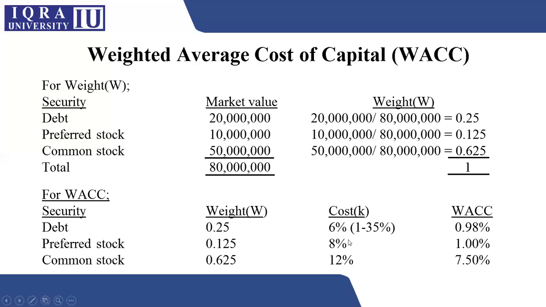Once these rates are clear, you will simply take this cost and multiply it by the weight given here. So the resulting answer will come like this. If you take its sum, which is 9.48, this 9.48 will be called the weighted average cost of capital, in which we are taking the weighted average of the various components given in the company.